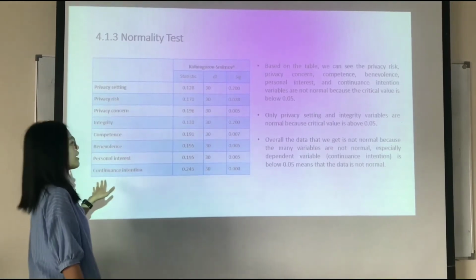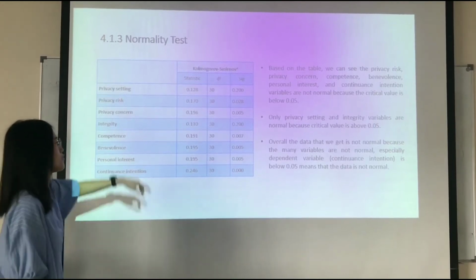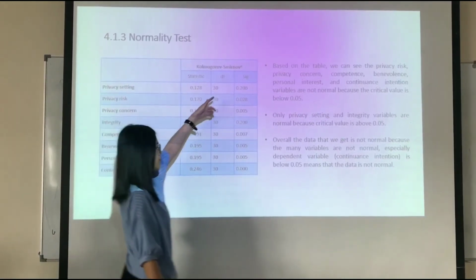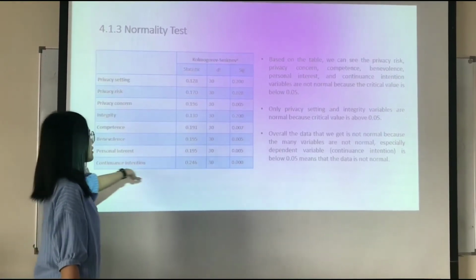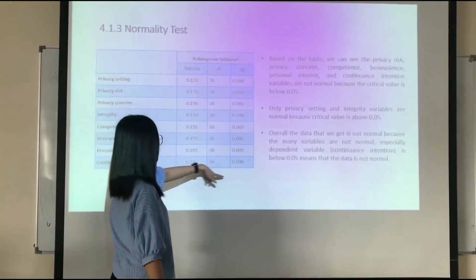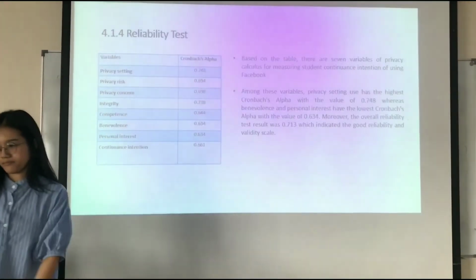Overall, the data is not normal because many variables are not normal, especially the dependent variable, because they are below 0.05.